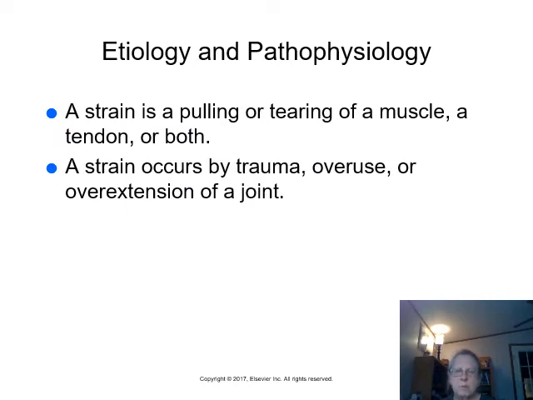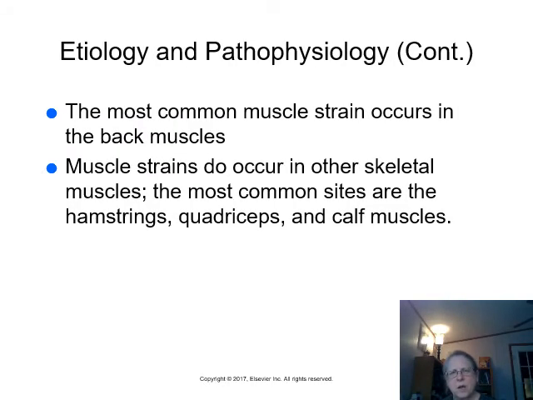So this is by pulling or tearing of a muscle, a tendon, or both. A strain occurs by trauma, overuse, overexertion of a joint, however that is. The most common muscle strain occurs in the back muscles. So definitely here, make sure you are lifting your patients using correct body mechanics.